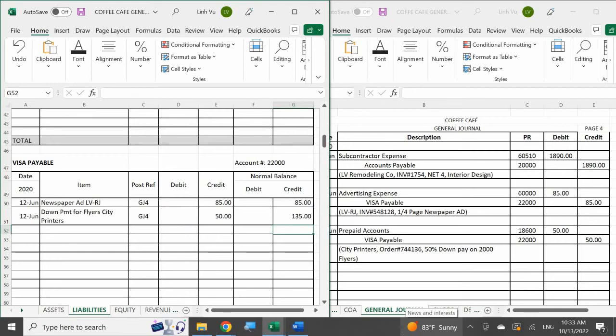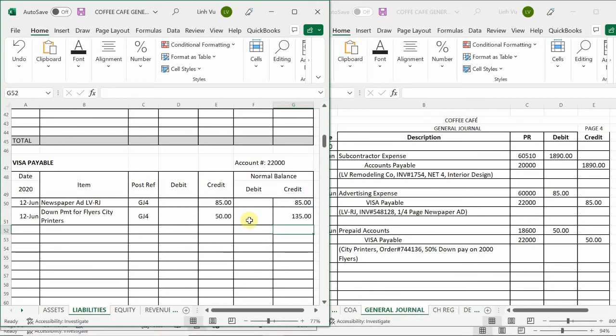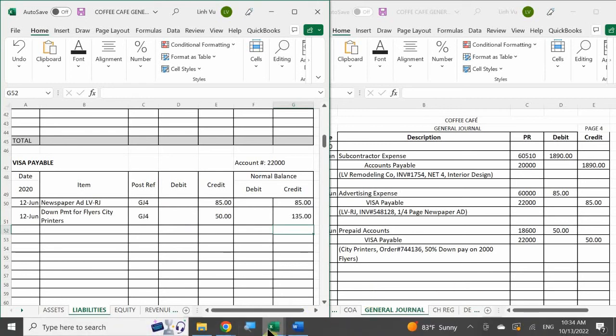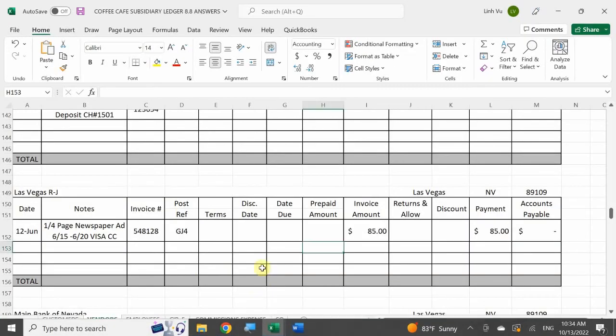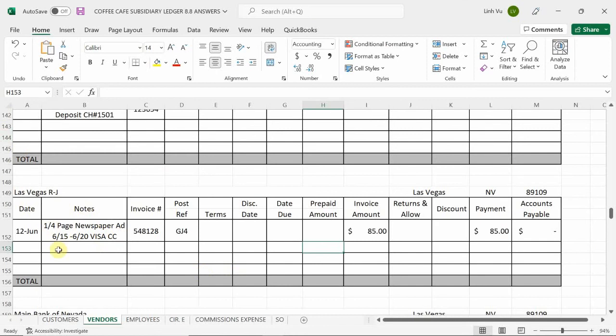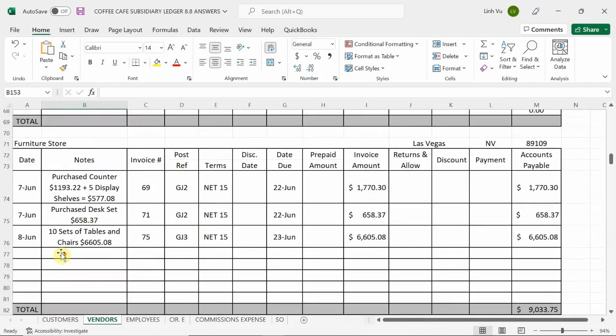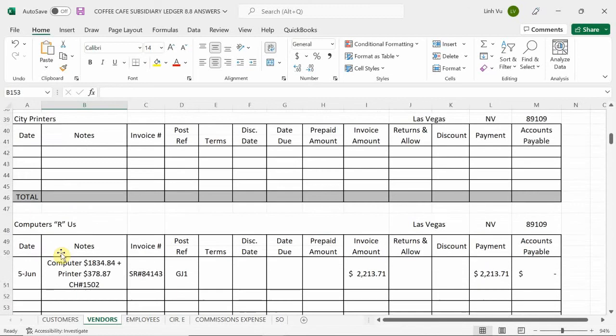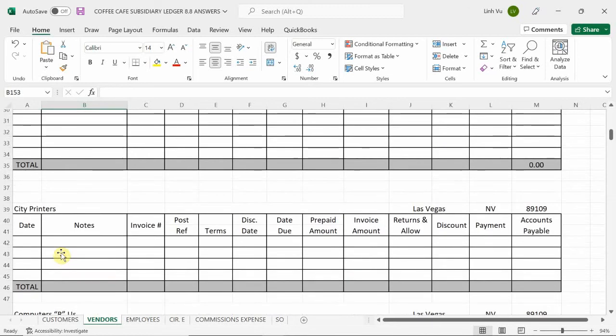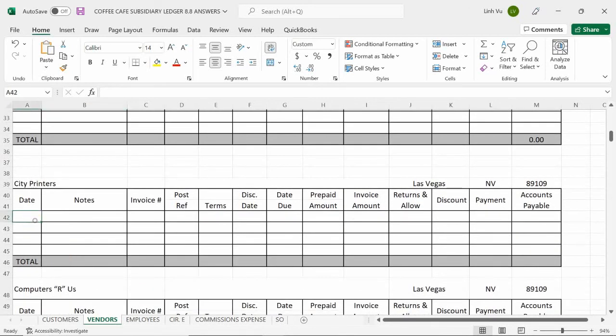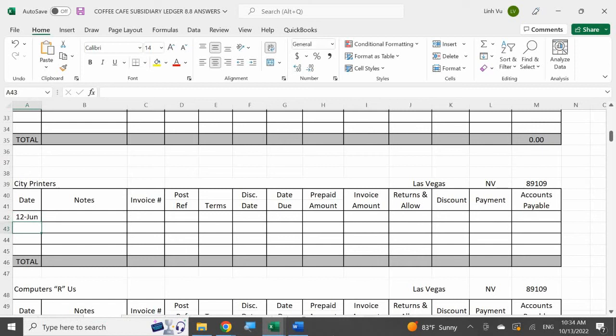And of course, I'm going to record to ensure that City Printers knows I made a down payment, because I also want to make sure that they recognize that I ordered some stuff. So let's go to City Printers. They are a vendor, right above Computers R Us. Today's the 12th.